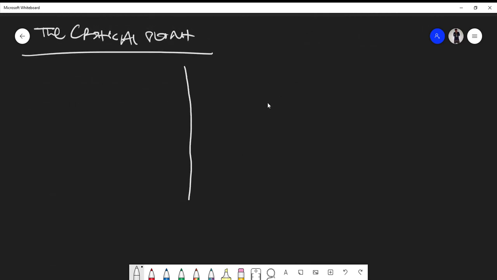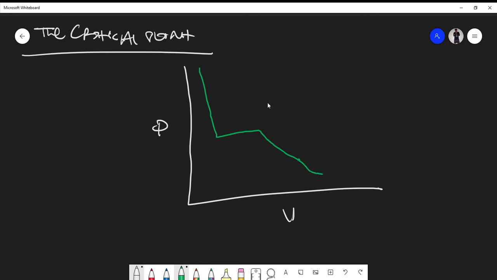Here we have a graph of P versus V. Pressure on the y-axis, V on the x-axis. Here's our graph. And so we have various points.